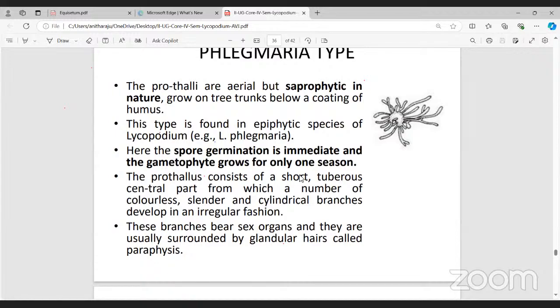The prothallus consists of a tuberous central part with a number of colorless, slender, cylindrical branches in irregular fashion. This is also saprophytic, like the second one. These branches bear the sex organs.